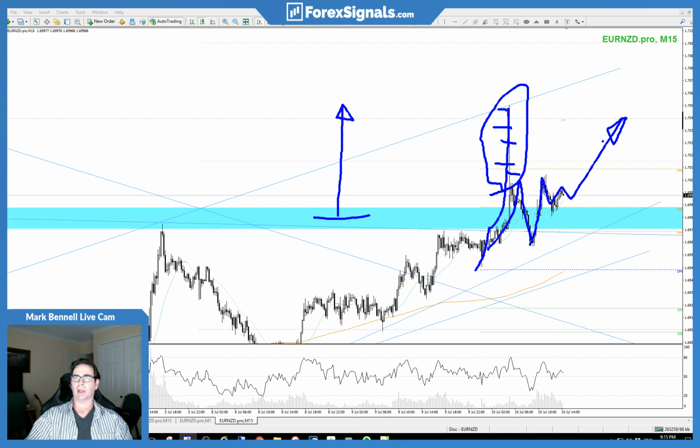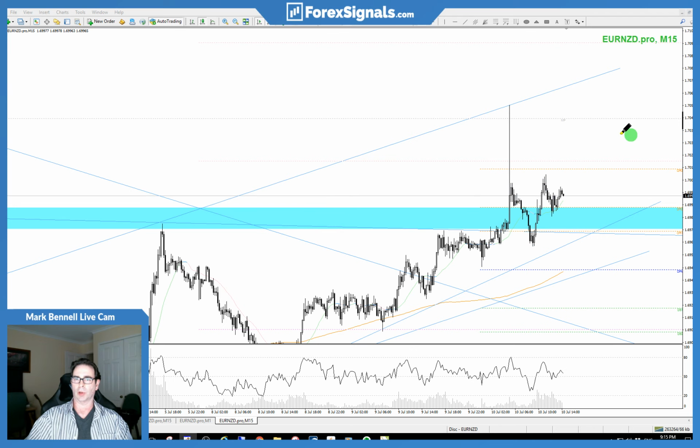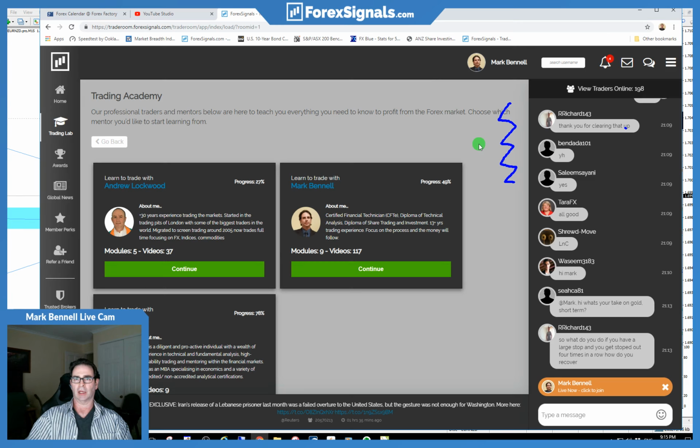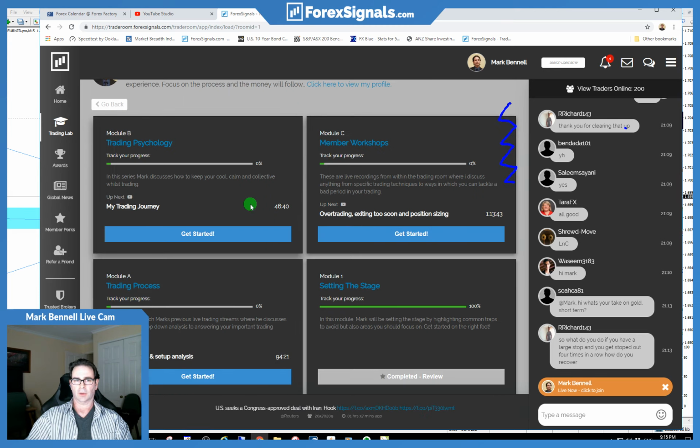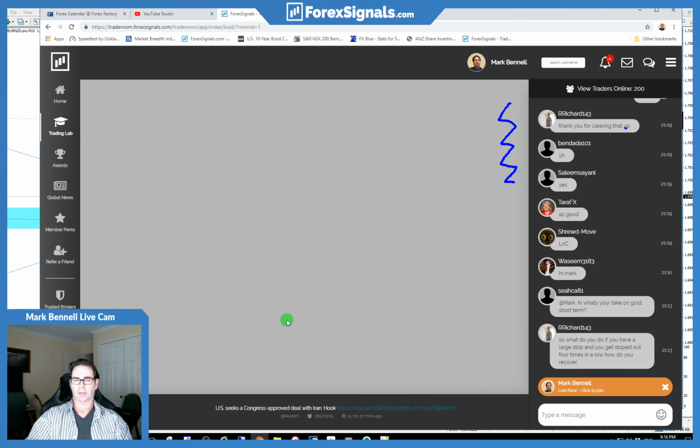Those of you that have been here for a while will know what I think of these shadows. If you don't, go and have a look here. Click on the Trading Lab. Module A.